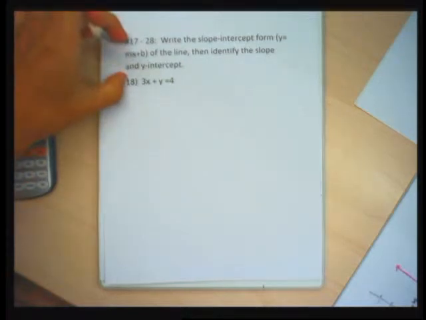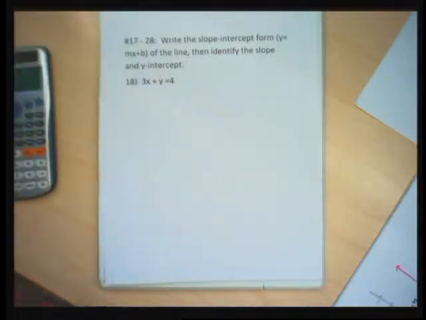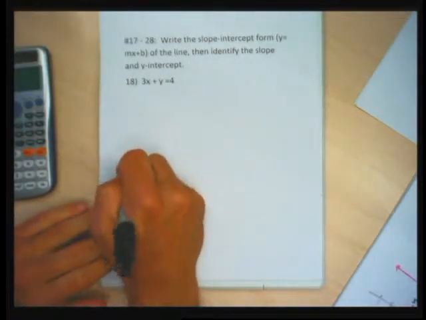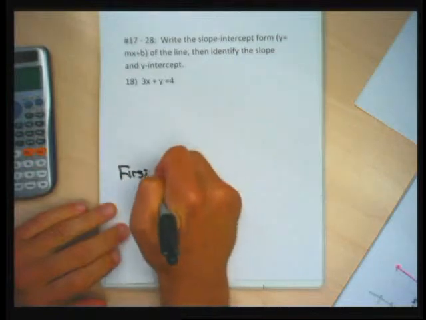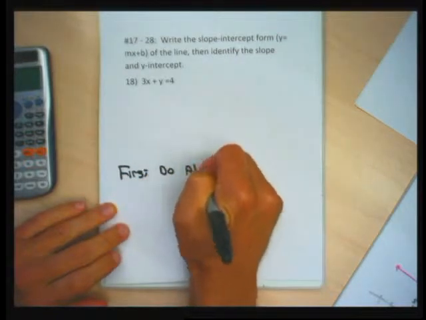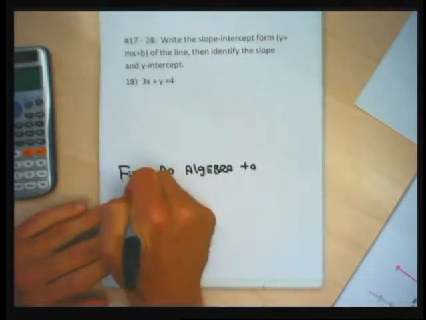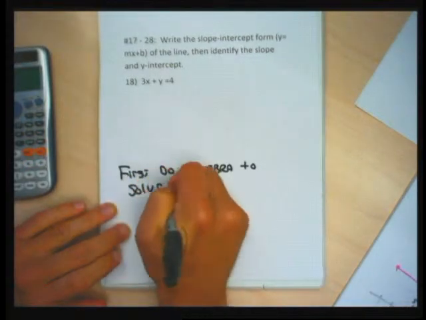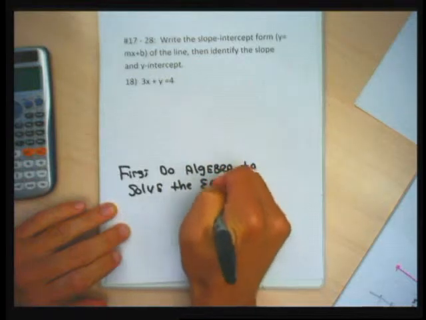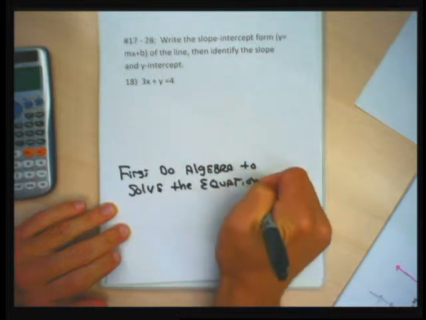The instructions say write in slope-intercept form, and then identify the slope and identify the y-intercept. What the instructions want me to do is first do algebra to solve the equation for y. Then you're done with your algebra.